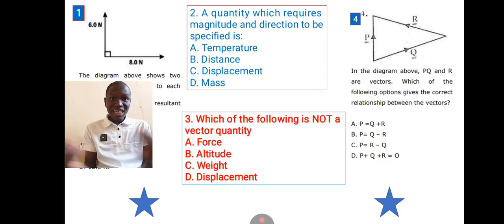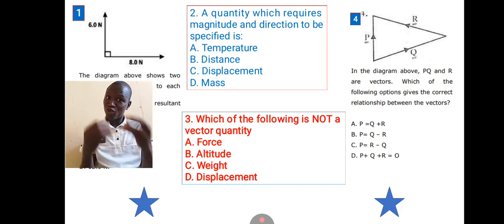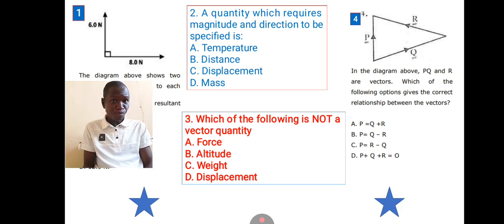I observed over the years that JAMB asks questions under the scalar and vectors, and vector resolutions precisely. If you don't know how to answer these questions, you may not be able to tackle JAMB questions that will be coming this year. That's why I said these are frequently repeated questions that you should know how to answer before you get into the exam hall.